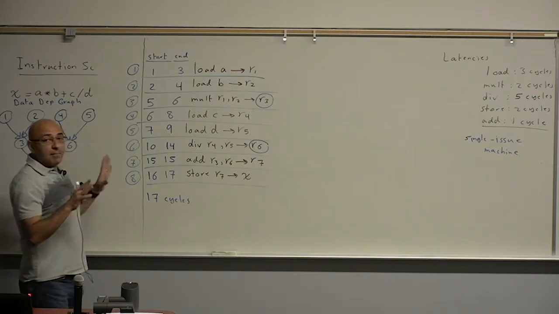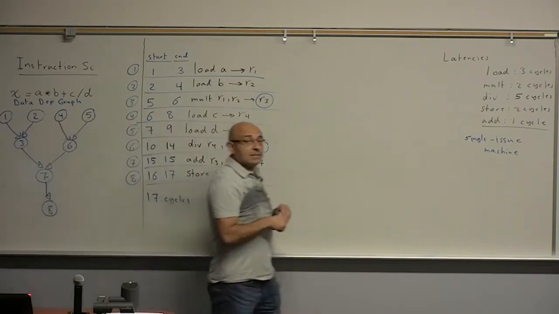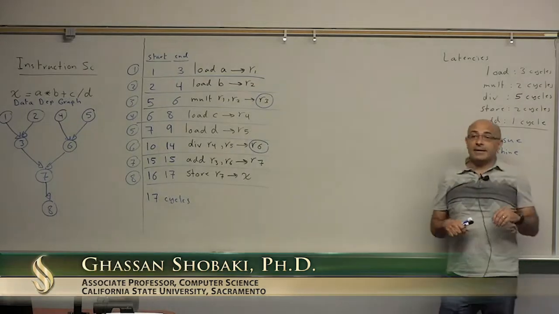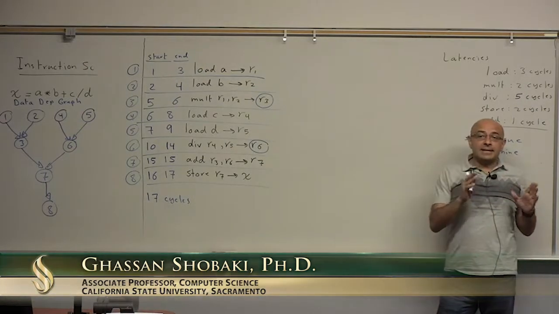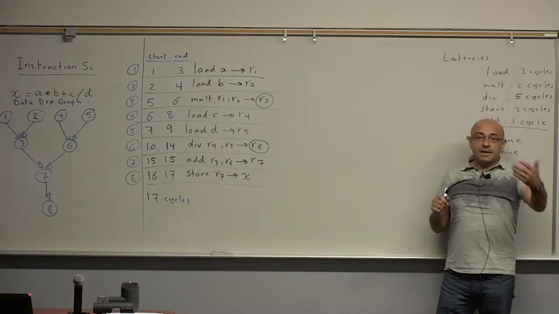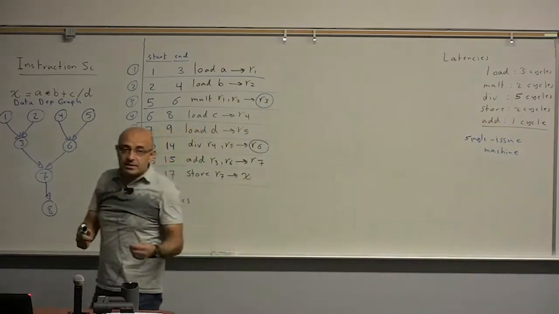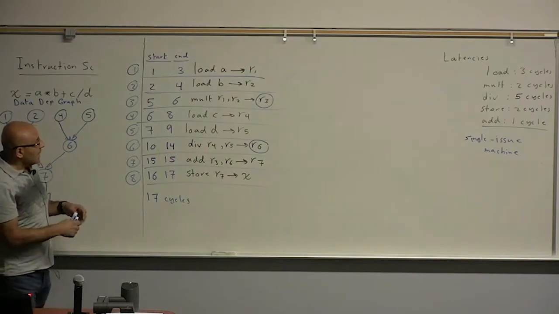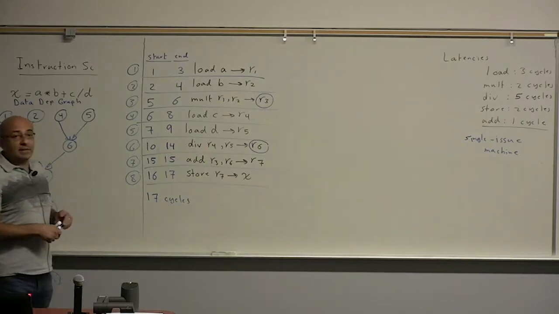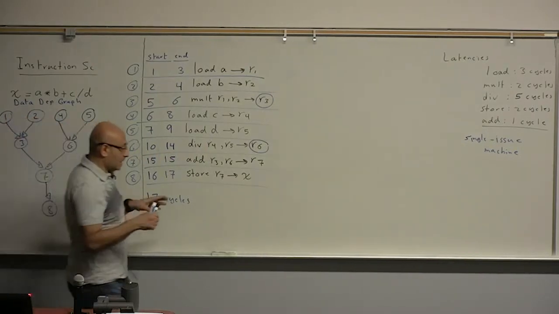So, by the way, everything that the compiler does does not necessarily have to match the reality when you run the program. The compiler makes certain calculations and certain estimates, but these estimates are not going to be 100% true.